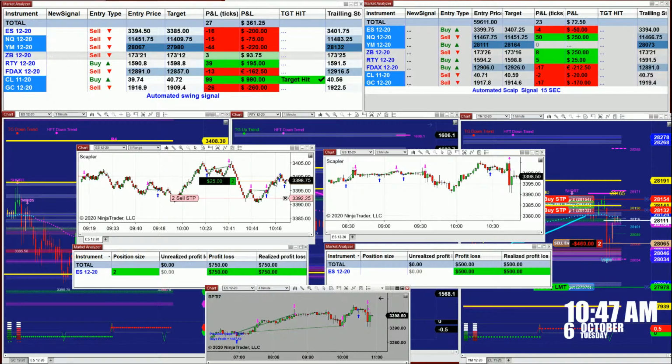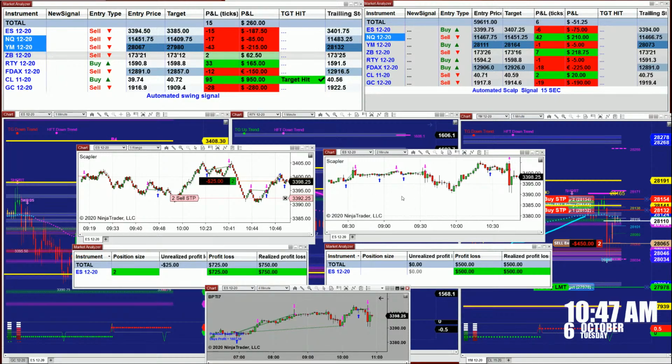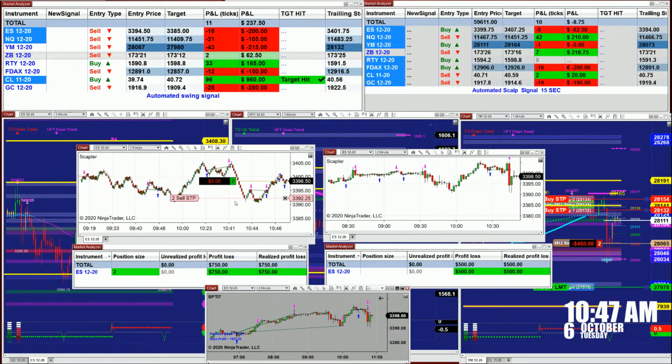So right now, as we see on the market analyzer, the swing trading is really struggling. The scalping is mixed. The new system here is struggling. It's not really making money. Look at this. When we first started, we were over 1,200.